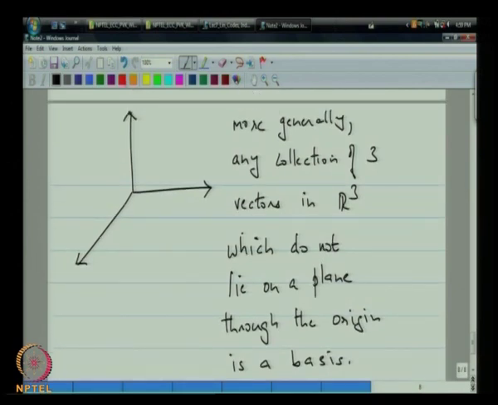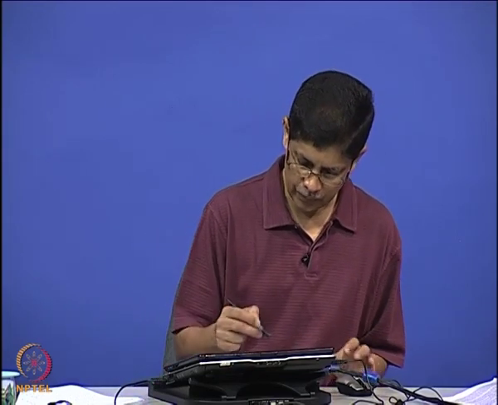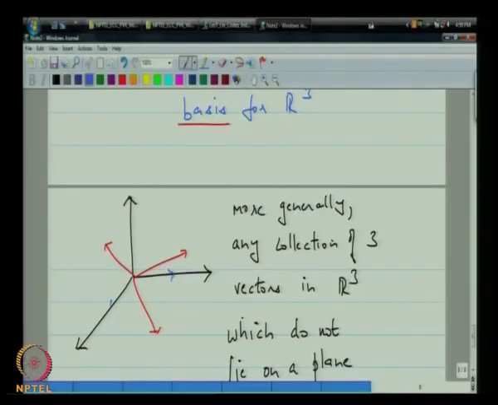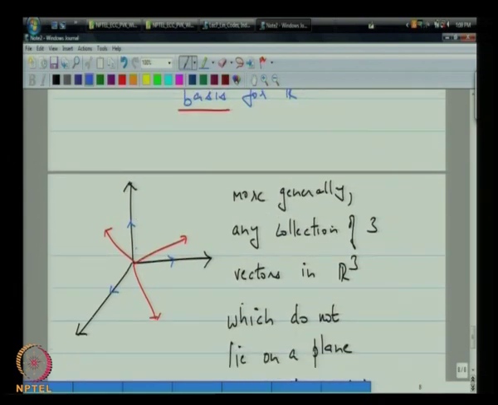Okay. So, you can picture that if these 3 vectors do not lie on a plane, then they form a basis. And of course, the standard basis that we introduced earlier merely corresponds to vectors along the coordinate axes, and it is clear that they do not lie on a plane through the origin.